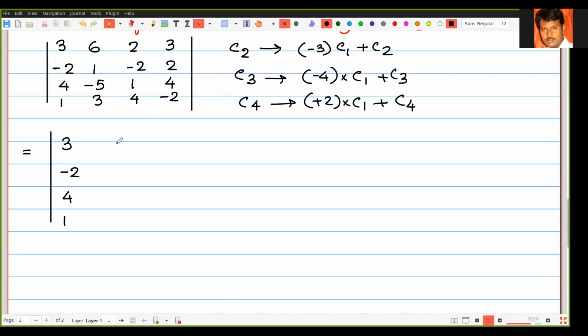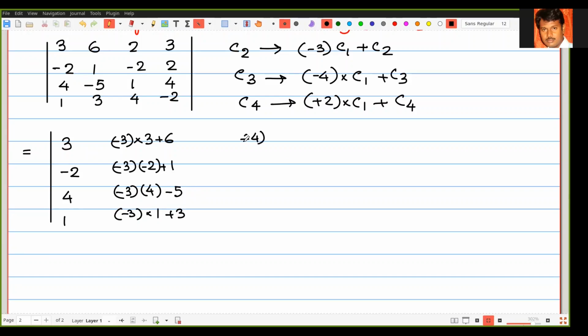The second column is now minus 3 into 3 plus 6, minus 3 into minus 2 plus 1, minus 3 into 4 minus 5, and minus 3 into 1 plus 3.